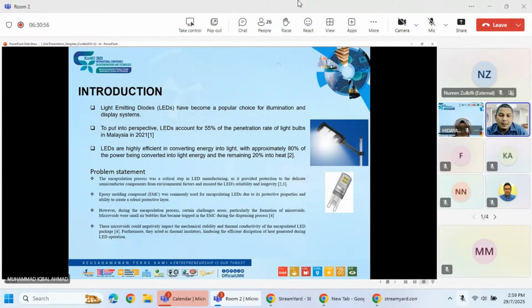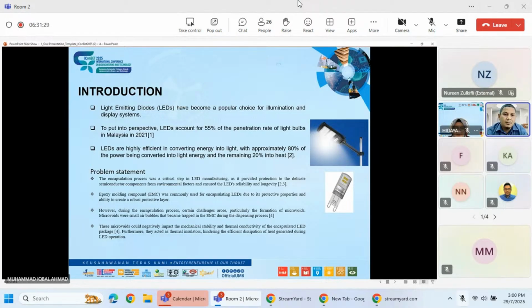They are used because approximately 80% of the LED energy is converted directly to light energy, whereas the remaining 20% is converted to heat. This low electricity consumption has pushed the industry to become more reliant on LED acceptance.